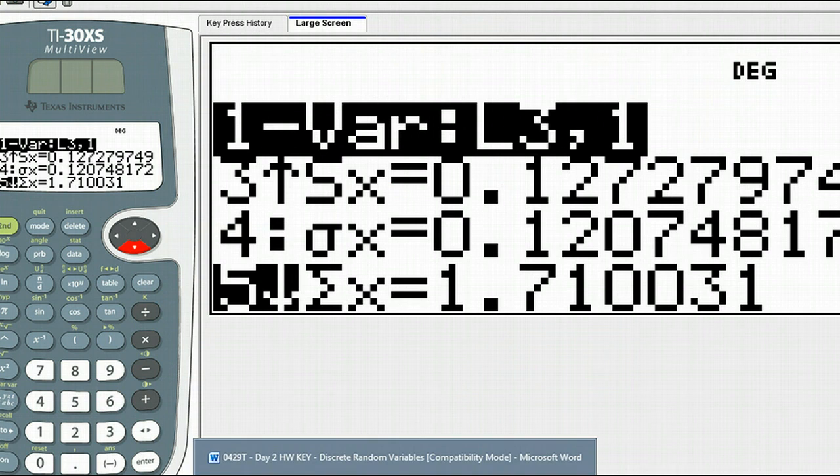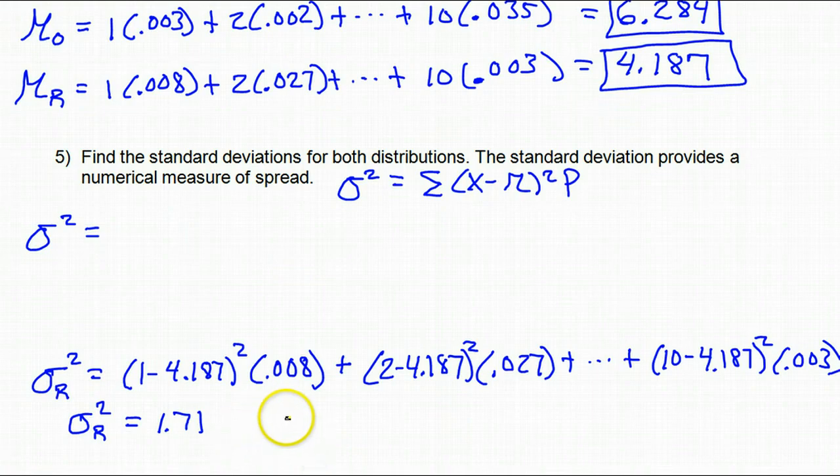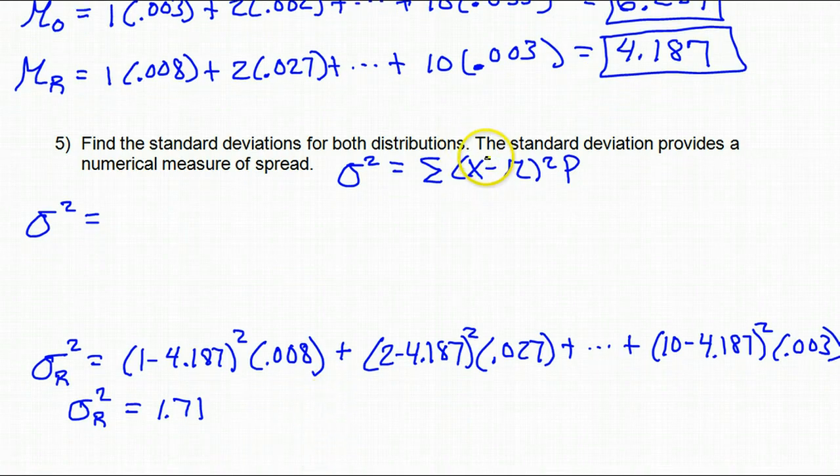Now we're supposed to find the standard deviation though, not just the variance. To find the standard deviation, I need to take the square root of this.